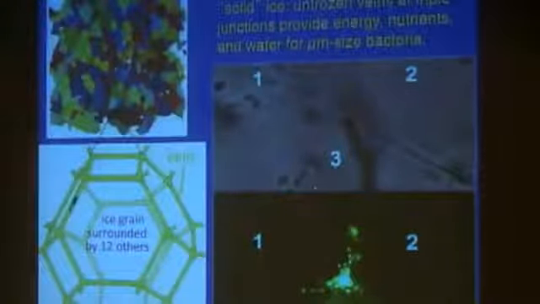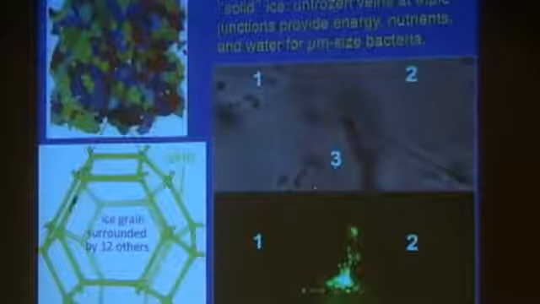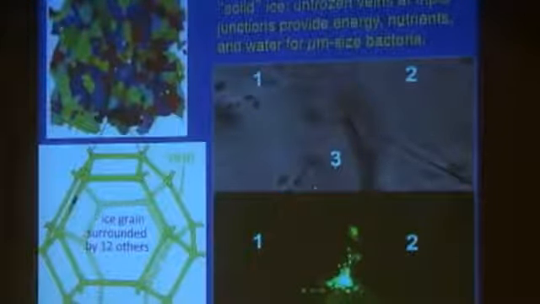All right, now we get to the substance of my talk. Ice is what we call polycrystalline. It has many different crystals that can be distinguished from each other by using crossed Polaroid, plastic Polaroid, and sending light through it.